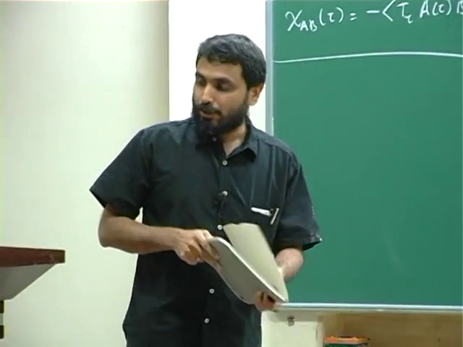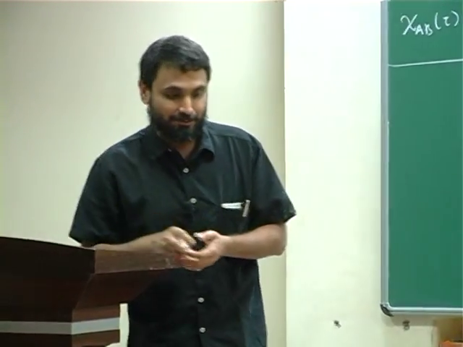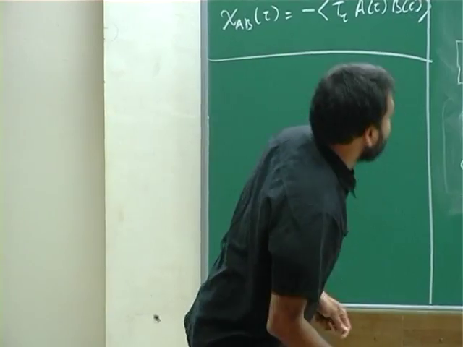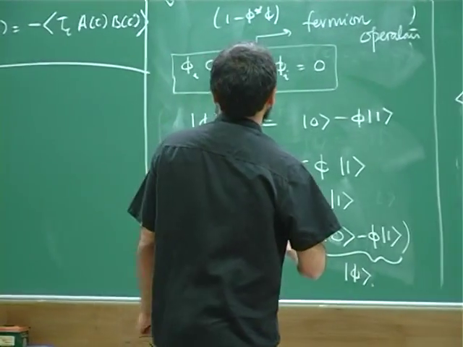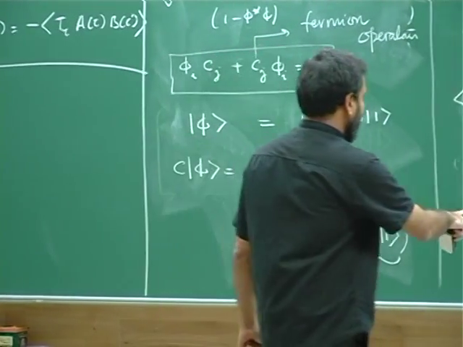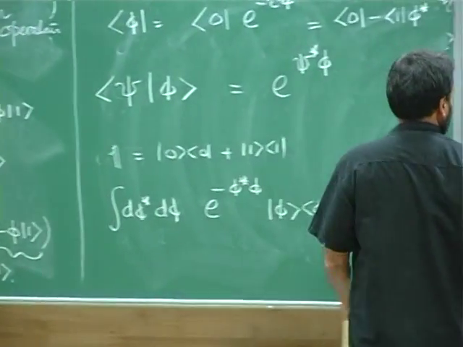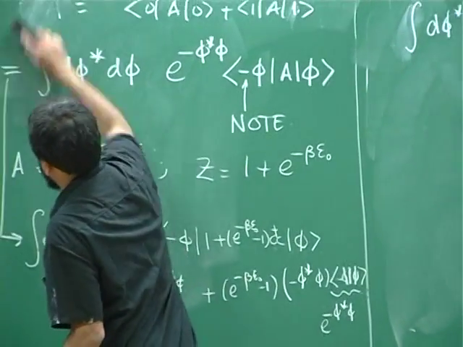Okay. So if that's clear, we are ready to actually see the first path integral. What are the rules I need? I need this guy. So let me hold on to that. I don't need any of this, so let me just erase this.